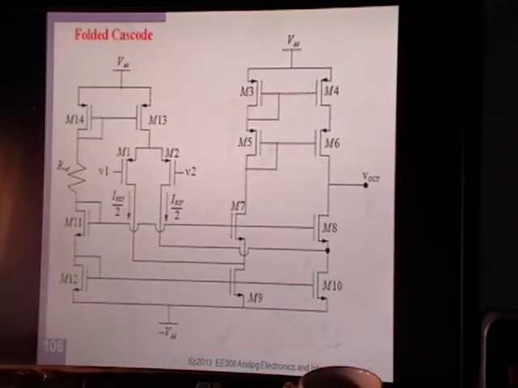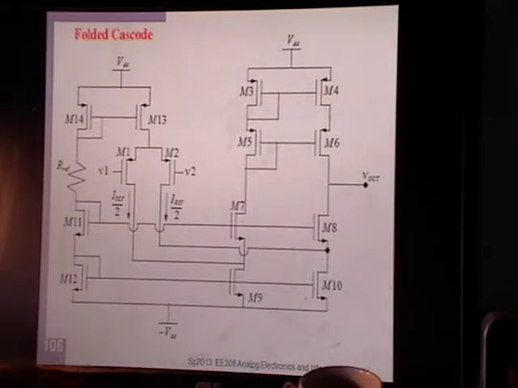It's not all that much of a gain and improvement. You'd get to drop your VSUP by a VC sat, and you also lose some of your gain. So it's not all that big a win, but if you just need to drop your supply voltage by a little bit, that can help. This is one technique to do that.